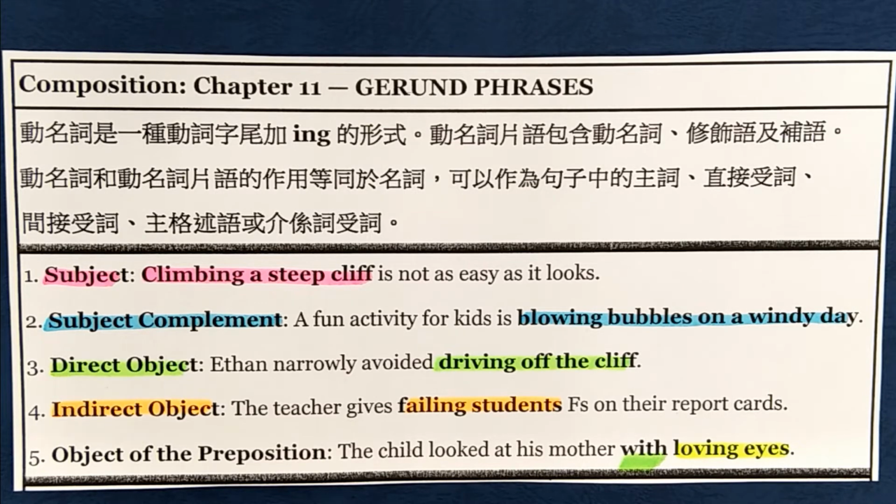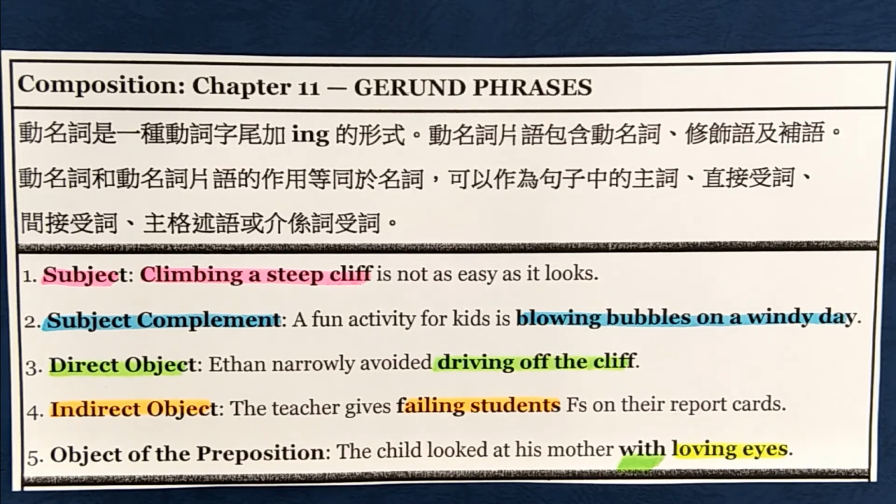A fun activity for kids is blowing bubbles on a windy day. Blowing bubbles on a windy day is the subject complement. Number 3, a gerund can be a direct object. Ethan narrowly avoided driving off the cliff. Driving off the cliff is the direct object.